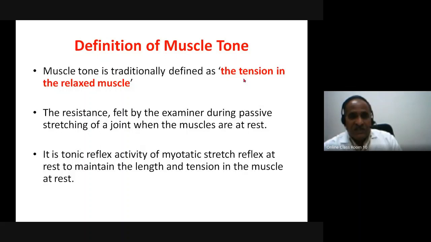Then comes the resistance felt by the examiner during passive stretching of a joint when the muscles are at rest. Or else it's the partial state of contraction which exists in the muscle at rest. Or it can be the tonic reflex activity of the myotatic stretch reflex at rest to maintain the length and the tension in the muscle at rest.